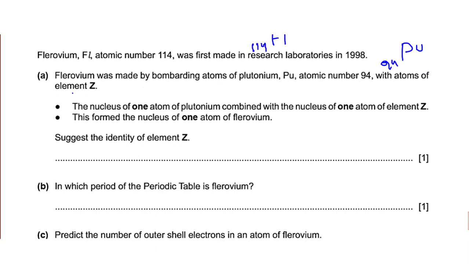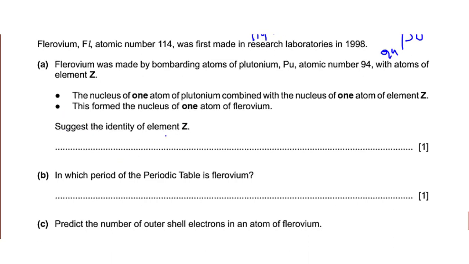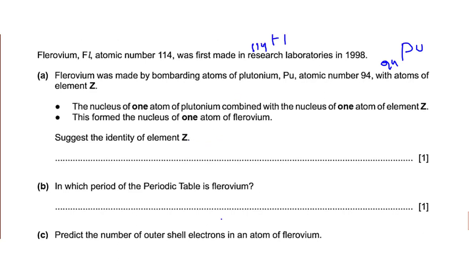Now with atoms of element Z. The nucleus of one atom of plutonium combined with the nucleus of one atom of element Z. This formed the nucleus of one atom of flerovium. The first question is, suggest the identity of element Z. Actually, guys, we need to continue this one before solving, because we should know that this flerovium is produced because of bombarding of the plutonium Pu-94.